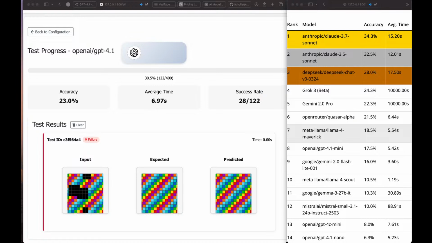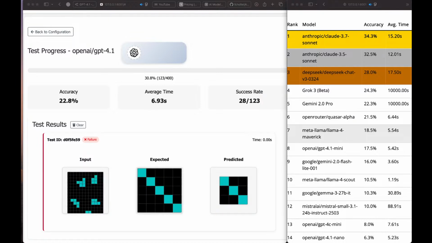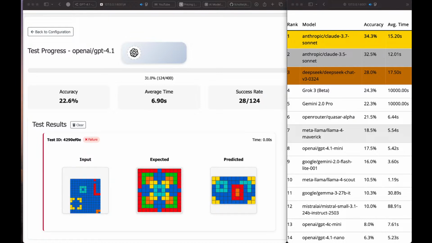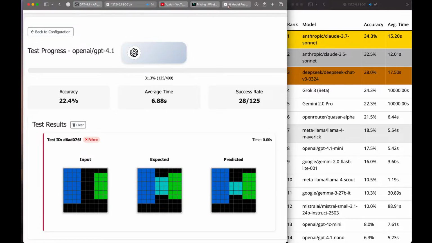Yeah, it does look like that. I think thinking models should perform better.